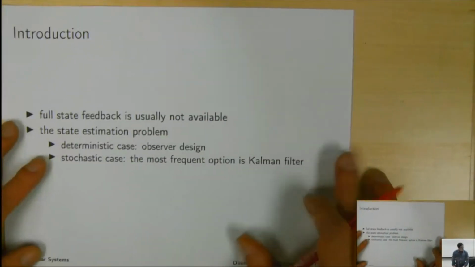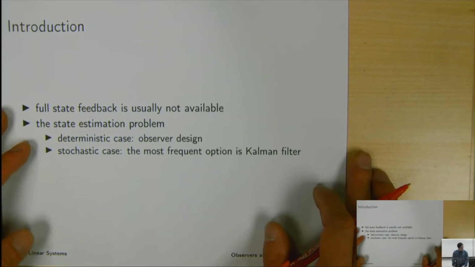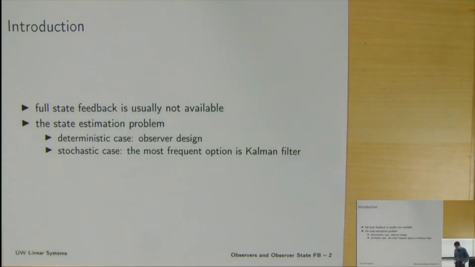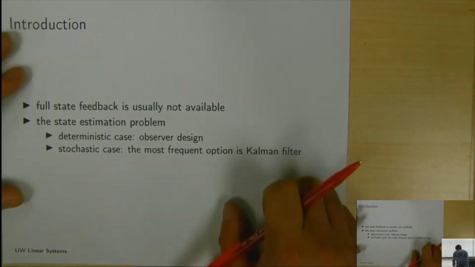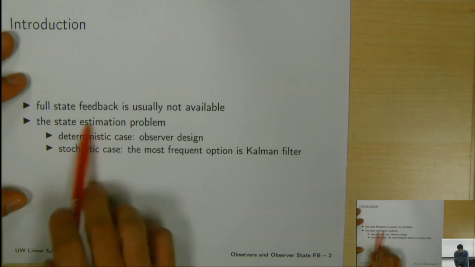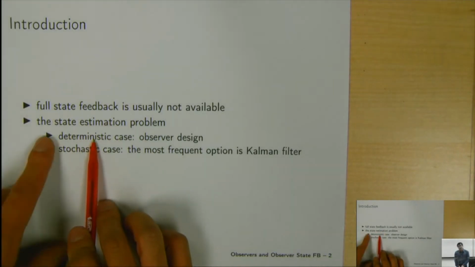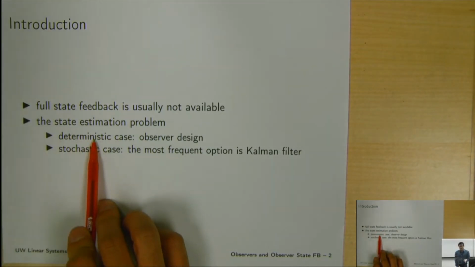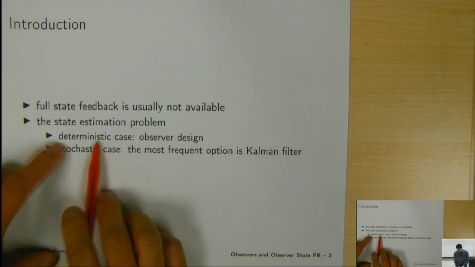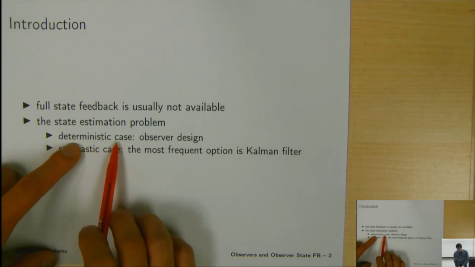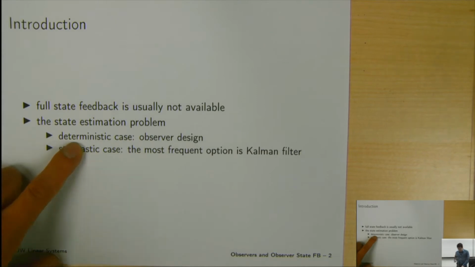This connects to so many excellent topics in control systems. So the estimation problem, if we don't have noises, if we don't have random disturbances in the system, in the deterministic case, is called observer design.